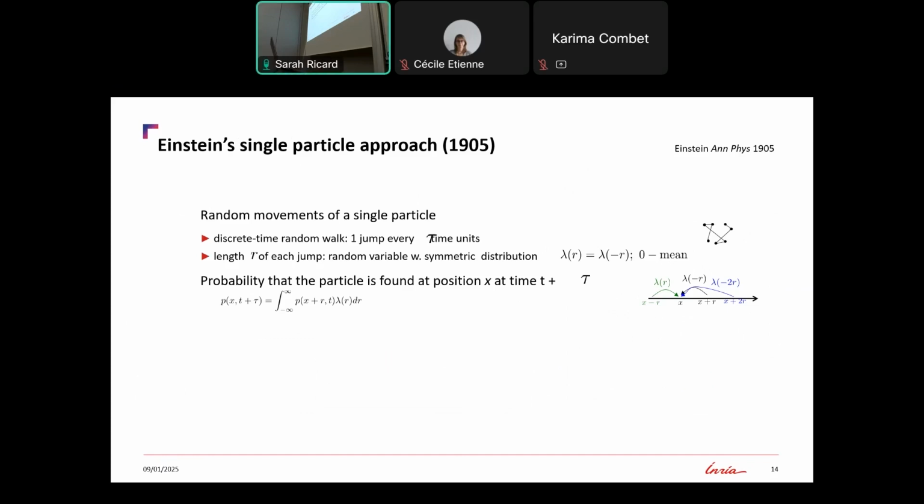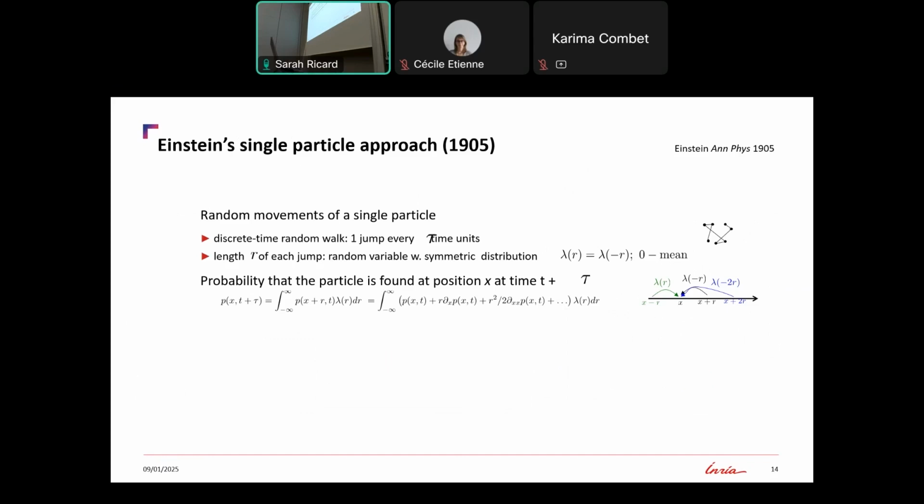Now what you can do with that is take p of x plus r and t, and do a Taylor expansion. Taylor expansion is something that you see maybe in the first year of college. And that's what he does in the paper.